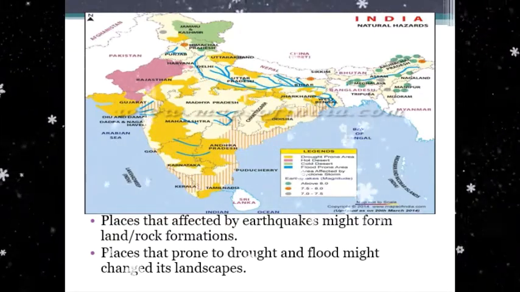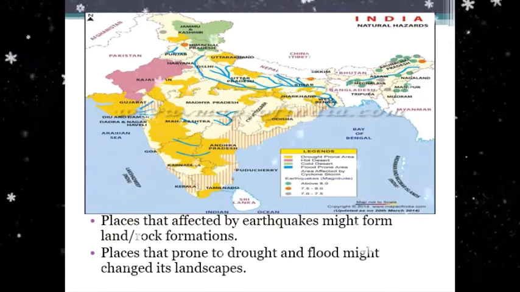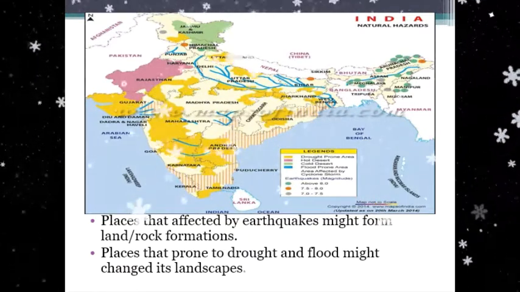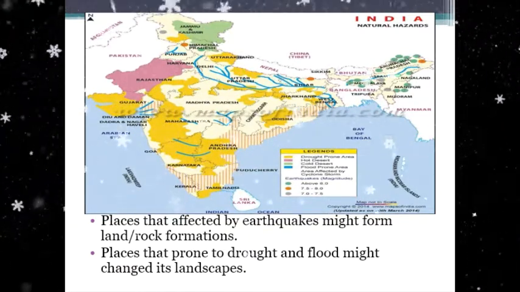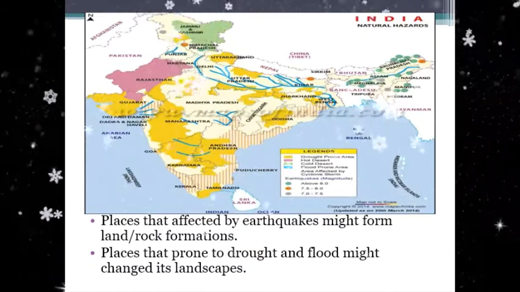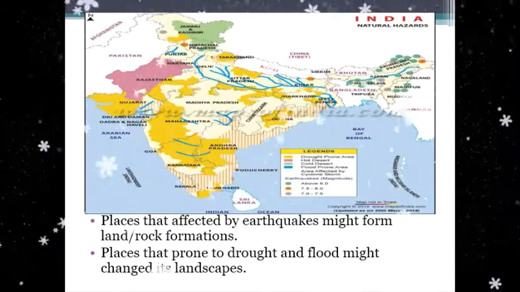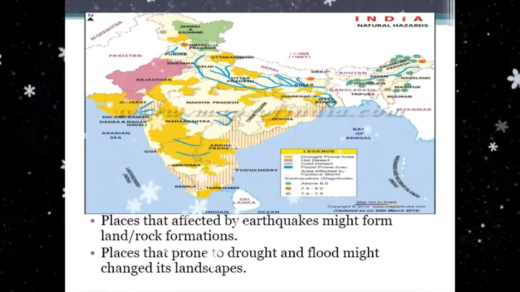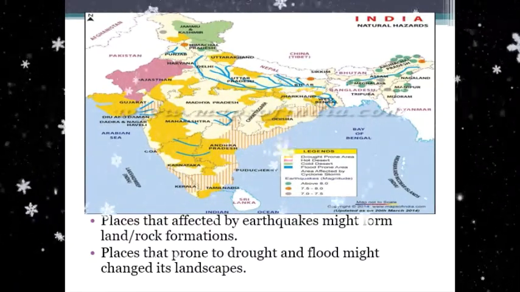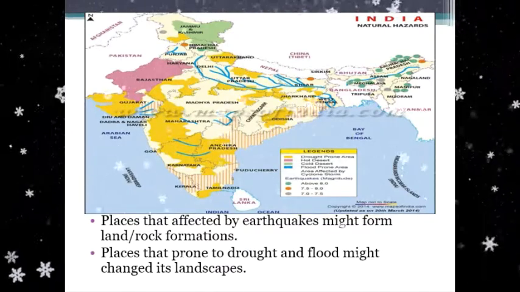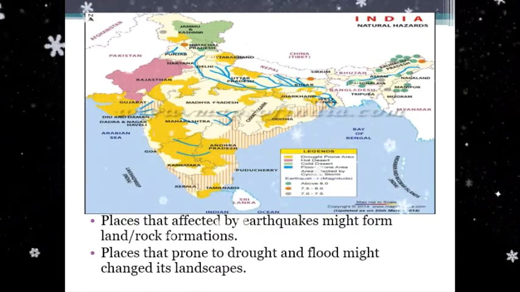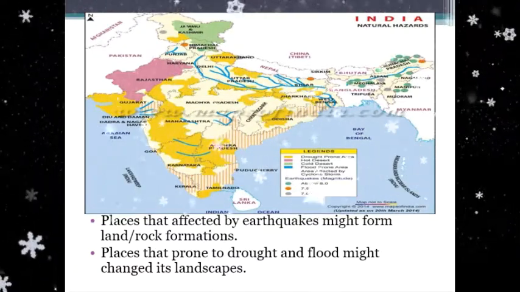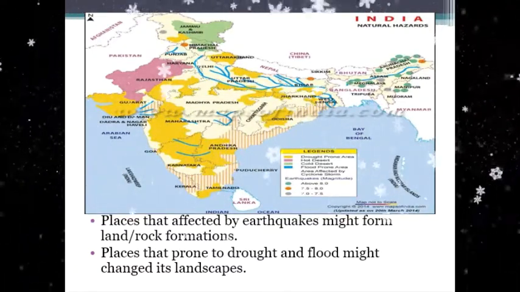So what are the places affected by earthquake? Flood-prone areas are in blue, and places prone to drought and flood might change their landscape. Those in yellow are places like Karnataka, Goa, Maharashtra, Andhra Pradesh, and Odisha.